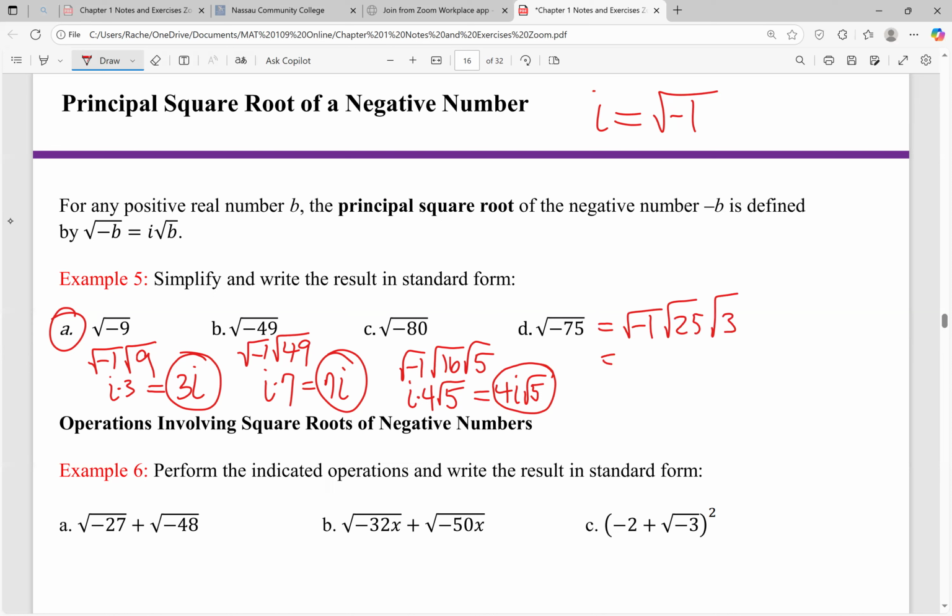And the square root of negative 1 is I. Square root of 25 is 5. So we're going to get I times 5 times the square root of 3. And this is going to be equal to 5 times I times the square root of 3. So that's how we simplify a principal square root of a negative number.